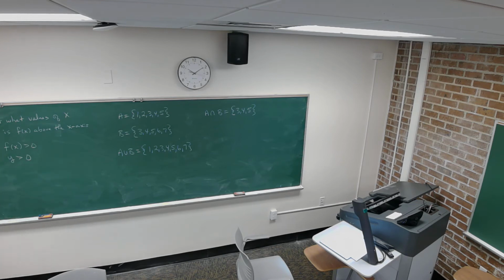Well, to the left of x equals -3, all these points on the graph have a positive y coordinate, don't they? So the value of the function is greater than 0. The y coordinate is positive, so the value of the function is positive.